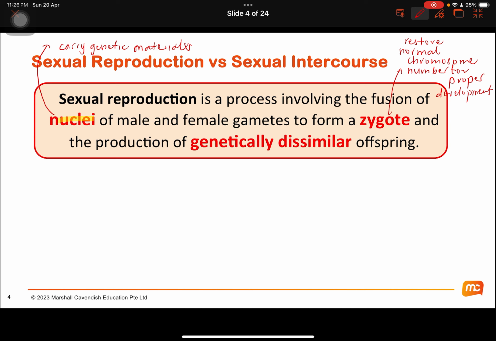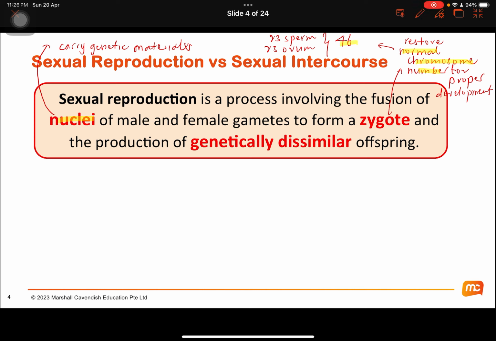What is the normal human chromosome number? That would be 46 chromosomes. So 23 from the sperm and 23 from the ovum will help to restore the normal chromosome number of 46.